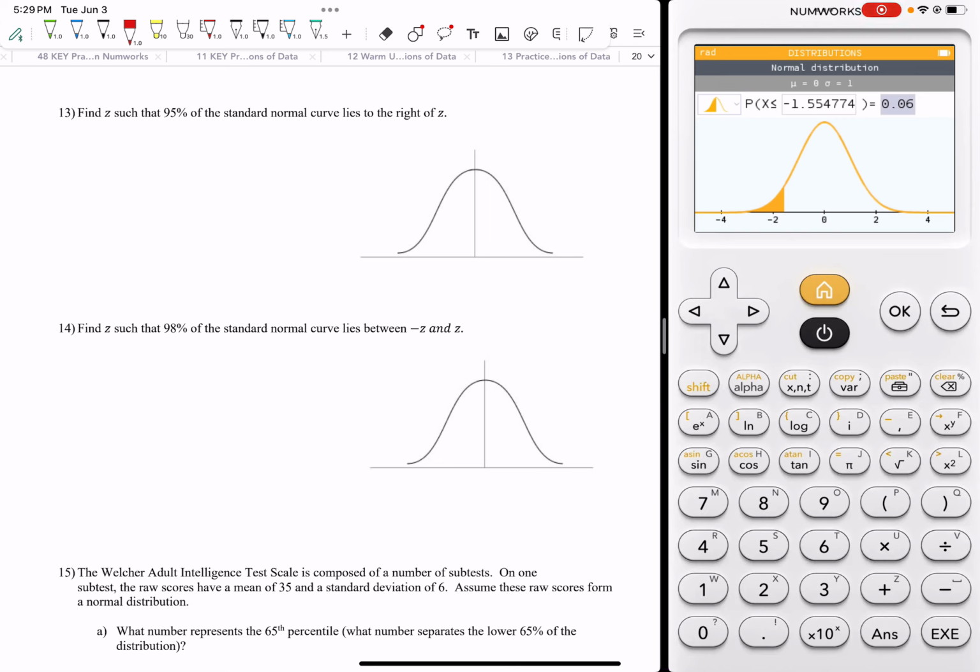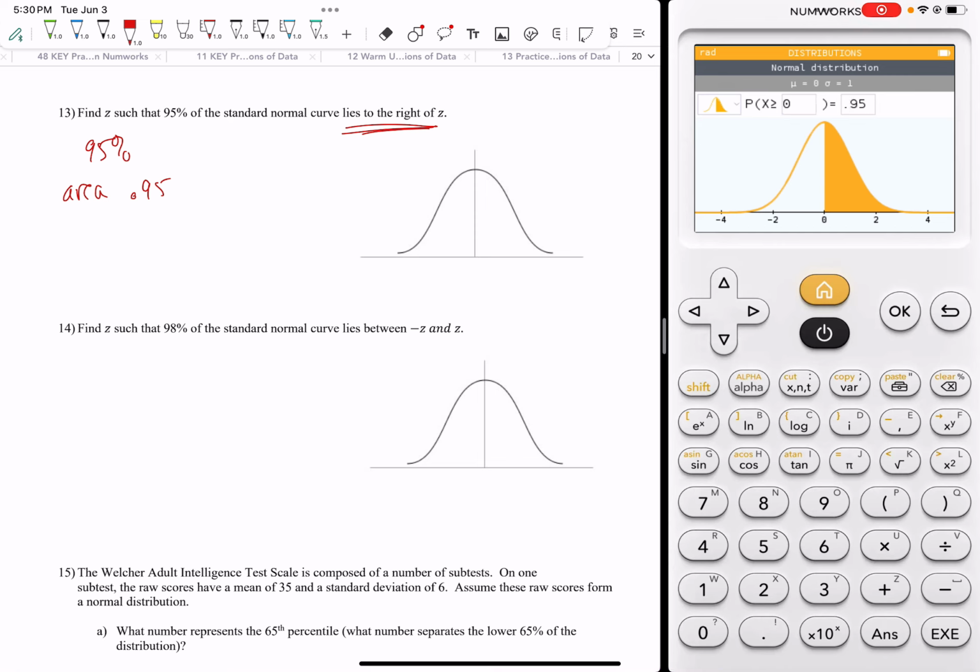Okay, almost done. Number 13. So for 13, we want to find Z so that 95% of the curve lies to the right. So again, if we're doing 95%, our area is 0.95, but it wants it to be to the right of Z. So now I'm going to scoot over and I want to make sure the shading is going to be on the right side, but I want my area to be 0.95.